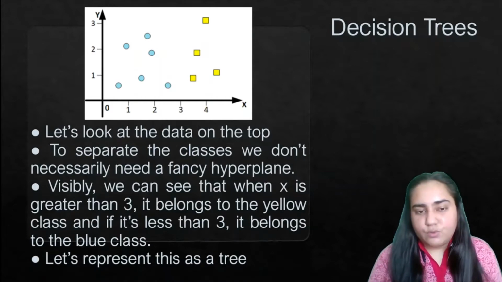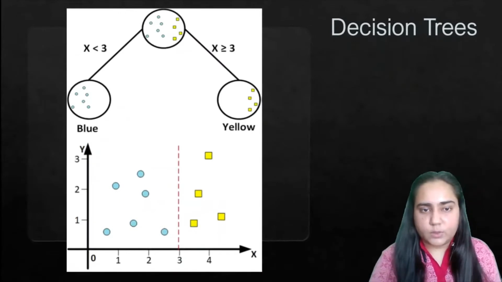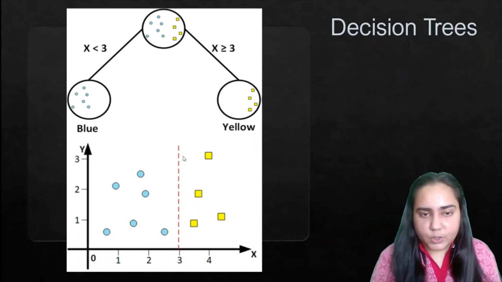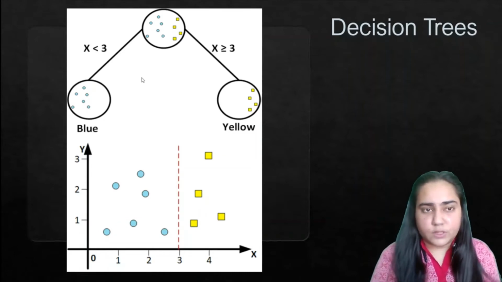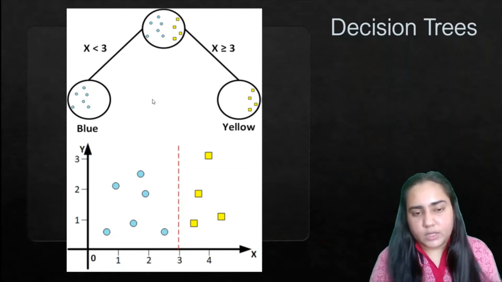So let's see how you can represent this as a tree. This is what it will look like. This is our original data, all of it. This is the branch that we are creating, which is x less than 3. All these blue points go in this section because they are all less than 3, and there's a partition created here at 3. If it is greater than or equal to 3, it goes to yellow. You can, of course, use the equal to sign with the less than sign as well.